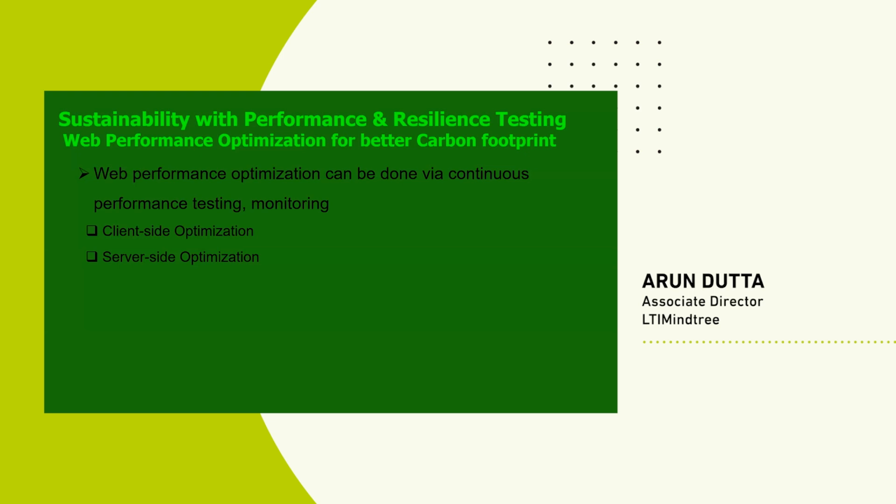And then there is another aspect which is called server-side optimization. When we are talking about server-side, basically it is a web server, or it could be an app server, or it could be a DB server, and it can also be DB queries where you are improving your DB query performance. Because if you think about the rule of thumb on the performance testing side, maybe 70% of your performance problems lie in the database.